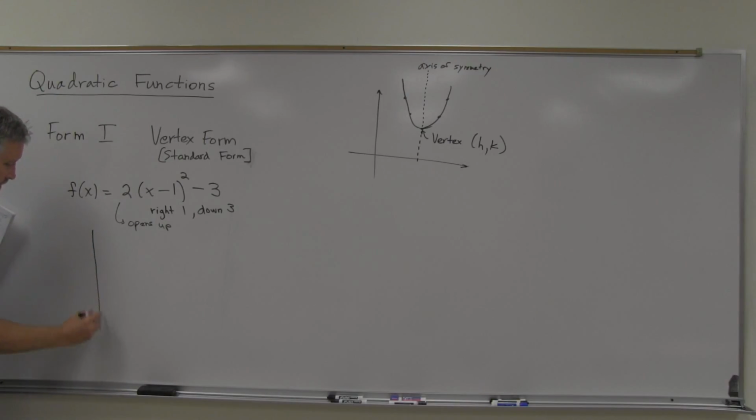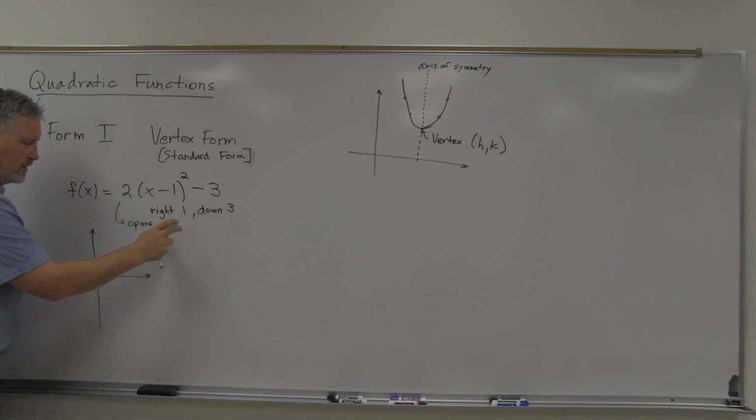All right, so let's do it this way. Here's how we'll graph this for now, and then we'll talk about the results. We take the x squared graph, right 1 and then down 3. So here's x squared.